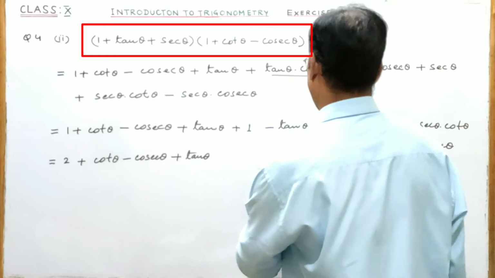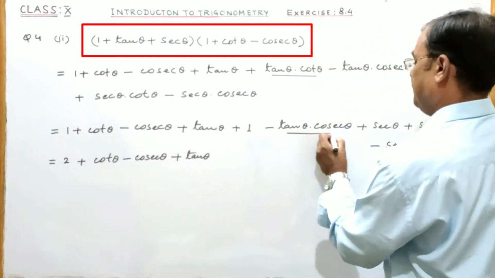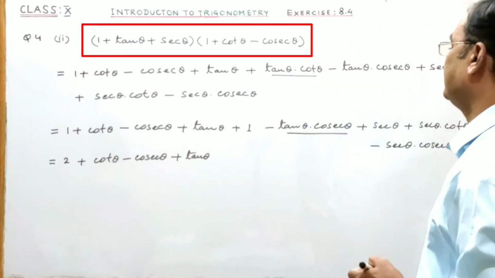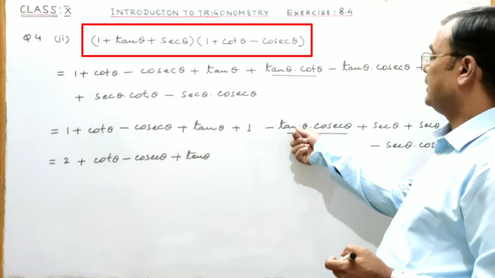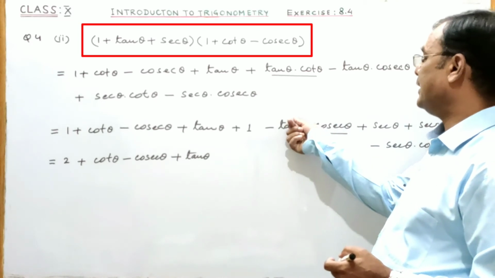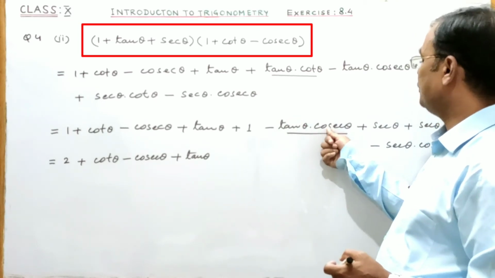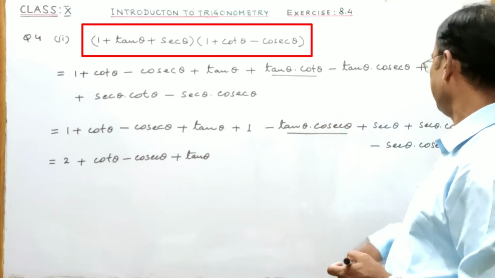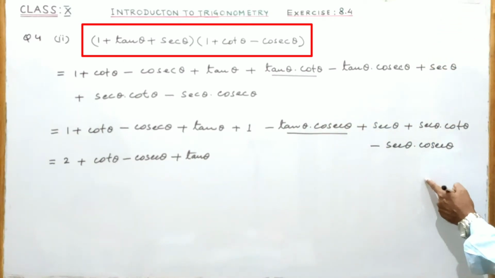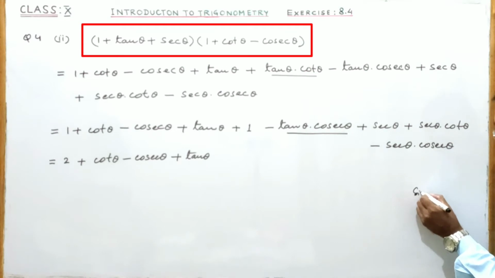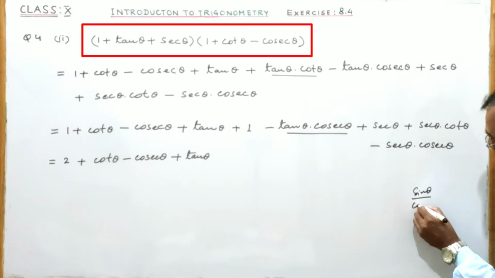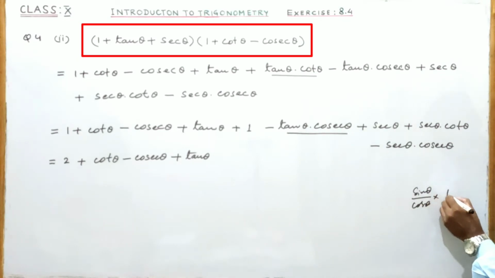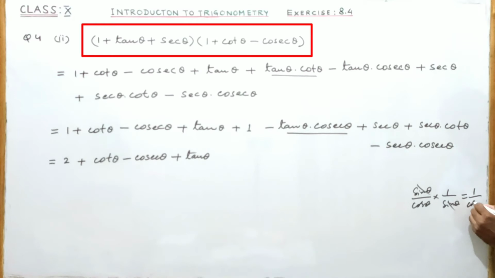Now simplify this tan theta into cosec theta. Tan you can write sin by cos, into cosec you can write 1 by sin. You can understand it here. Tan if you write sin by cos and cosec you write 1 by sin, sin cancels and it is 1 by cos, and 1 by cos is sec theta.